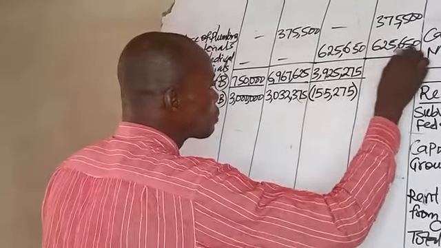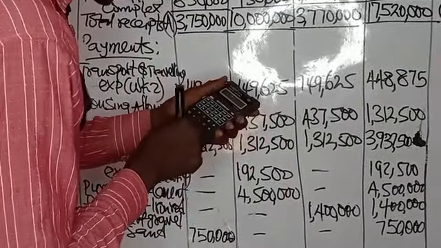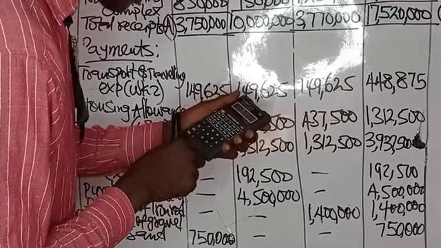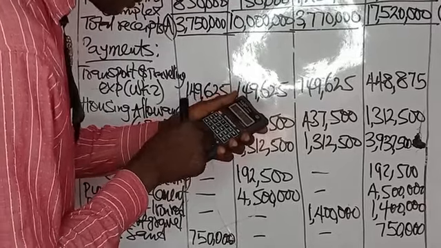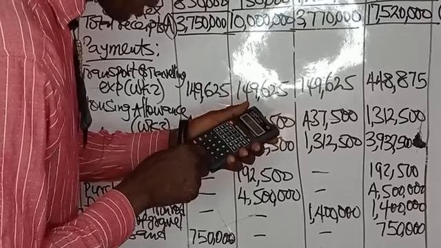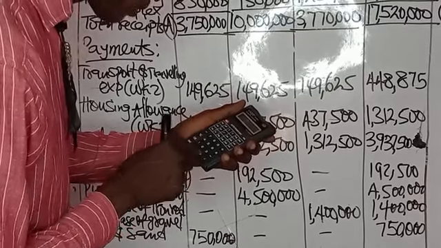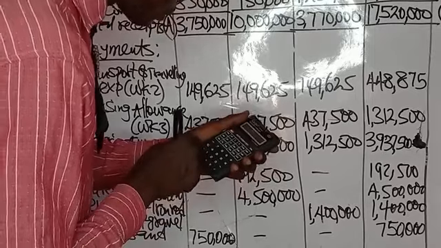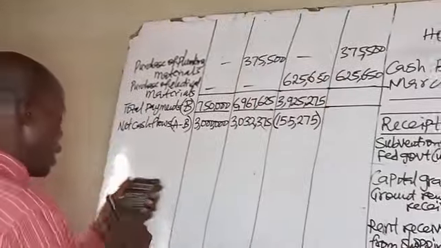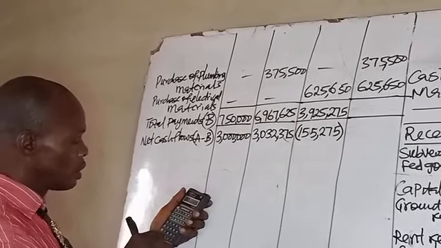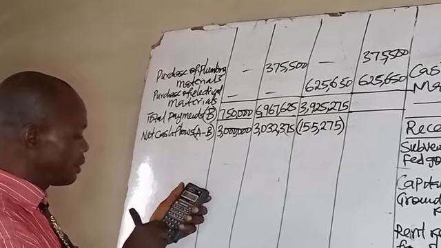Then total column. 448,875 plus 1,312,500 plus 3,937,500 plus 192,500 plus 4.5 million naira plus 1.4 million plus 750,000 plus 375,500 plus 625,650.